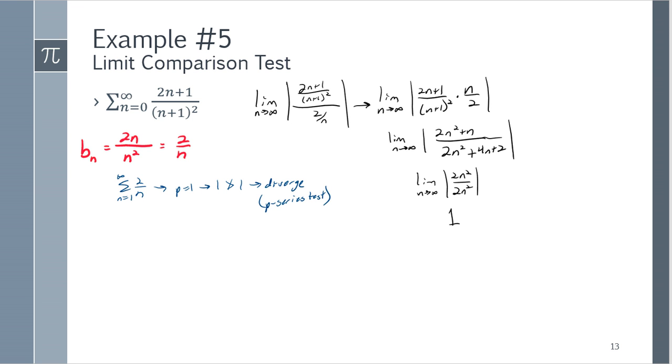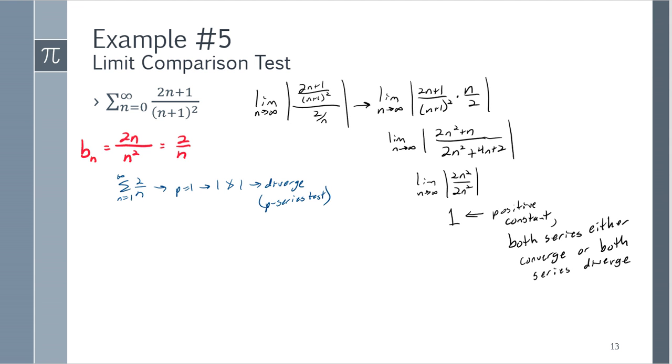Because this is a positive constant, either both series converge or both series diverge. Helps if I can spell diverge correctly.